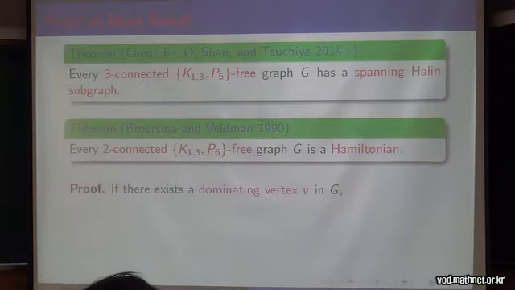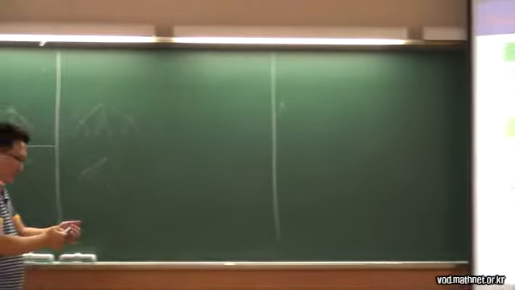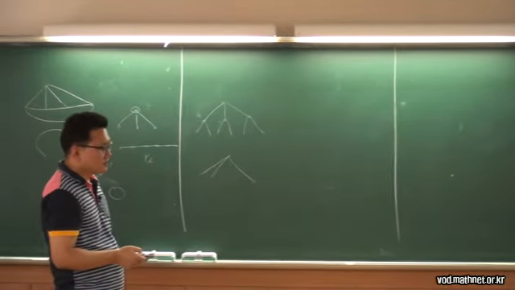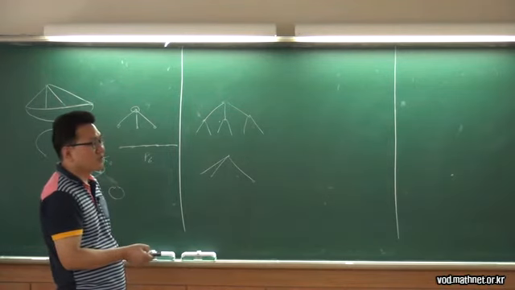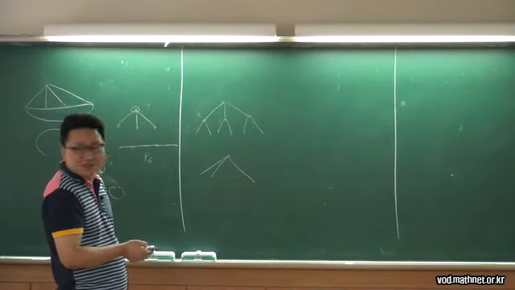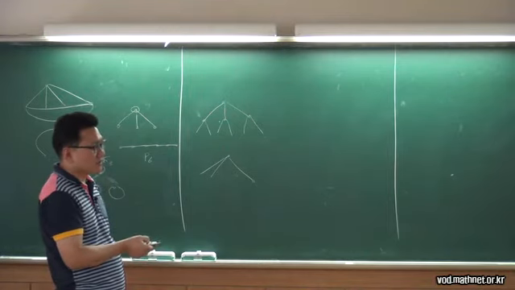if there is a dominating vertex V in here, so it dominates all the vertices in here, then because if you delete vertex V, this is 3 connected. If you delete V, then at least that's 2 connected. And this is also claw-free and P5-free, so it may satisfy this one.